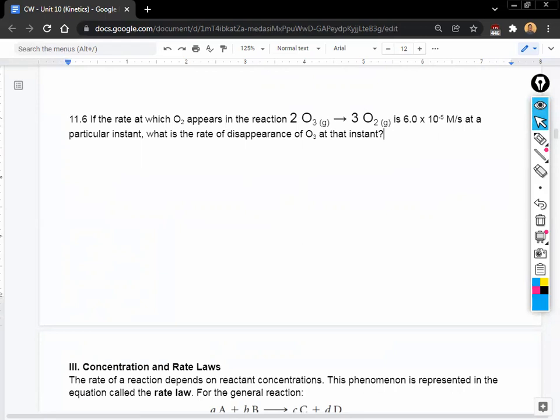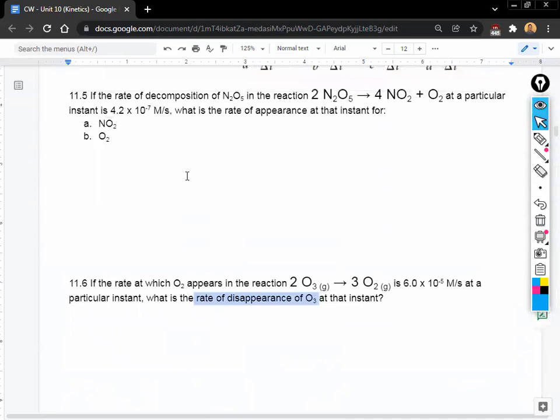What's that? Divided what by 2? No, you have the rate for O2, so you're looking for the rate of O3 here. Oh yeah, we could do that, but it's gonna be the same equation.